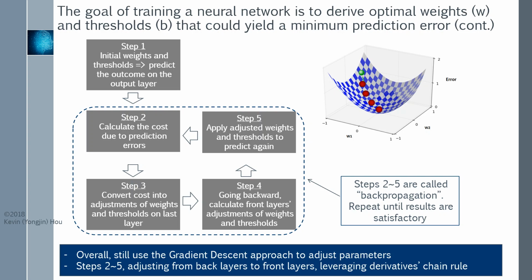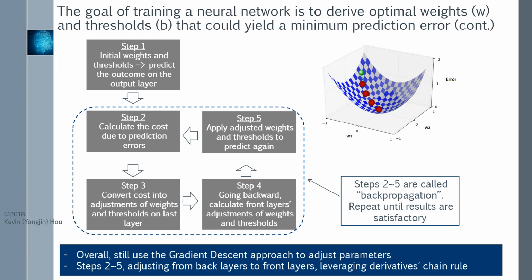Another important concept here is that the neural network is not just one simple layer of parameters. Basically there are many layers, probably multiple hidden layers in addition to the output layer and input layer. So we really need to adjust many layers of parameters. The way we do that is by leveraging the derivative, the chain rule. We go backward one layer to the earlier layer, starting from the very last layer, the output layer.